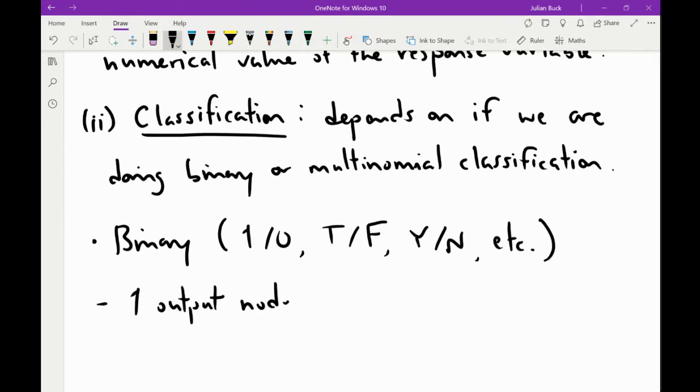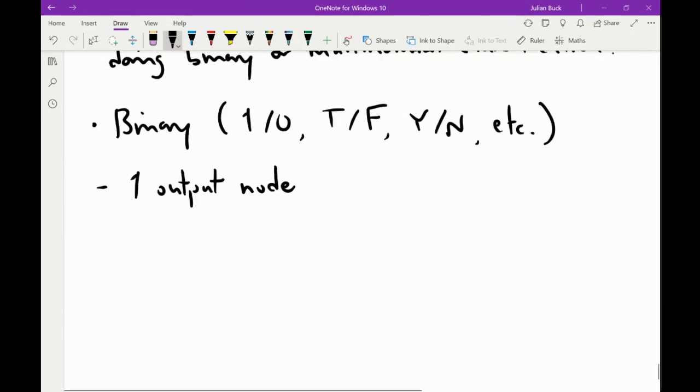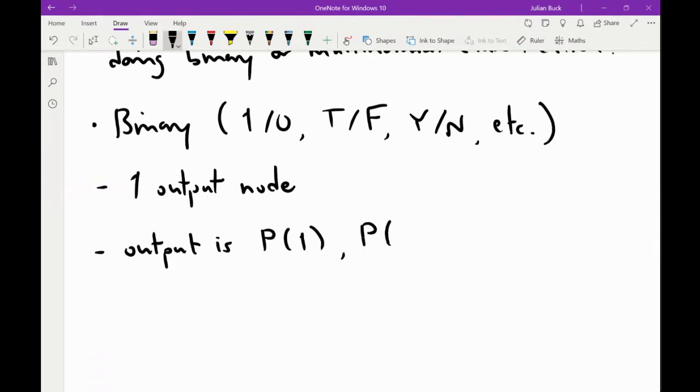Because with binary output, we're going to predict a probability, and the probability of the other outcome is simply 1 minus that. So there's one output node, and the output is the probability of a 1, or probability of a true, or probability of success, however you want to describe it.